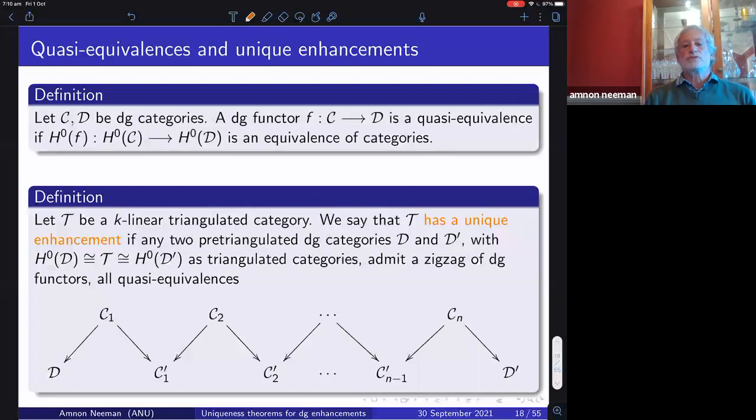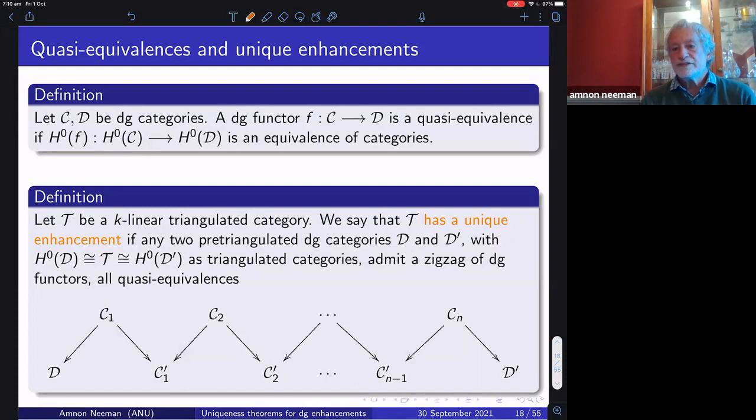And now we come to the first important definition. What does it mean to say that a triangulated category has a unique enhancement?